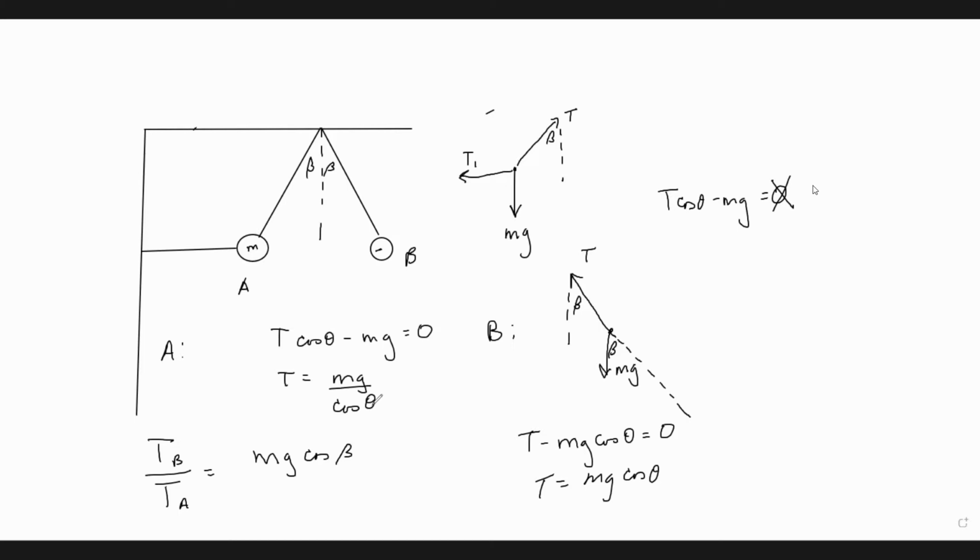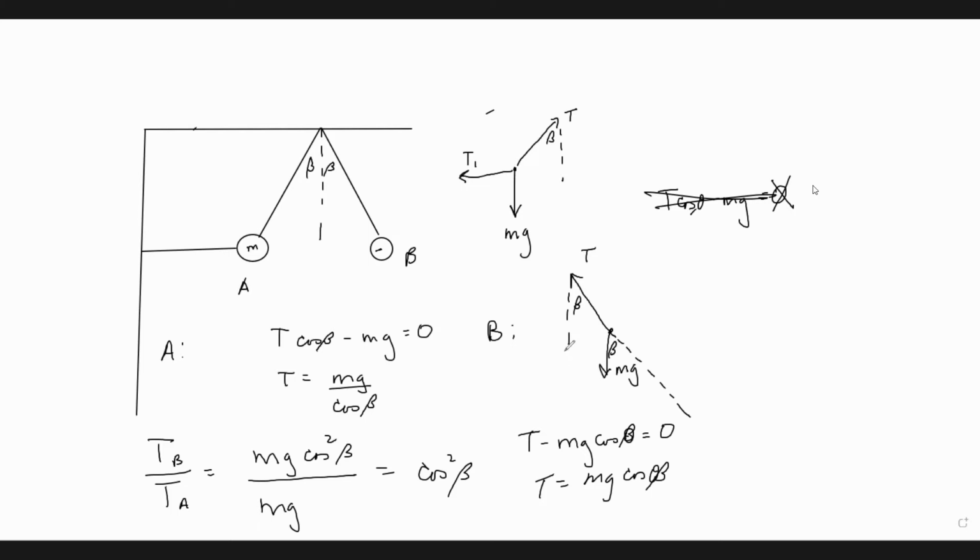Of course I meant to write beta. All right, I'm sorry. Did I confuse you with that? I'm very sorry. No, I understood the concept. So beta, and well, this is wrong anyway. And this is beta. Okay, so we've got TB is mg cosine beta divided by mg over cosine beta. Okay, so the answer is cosine squared of the angle beta.